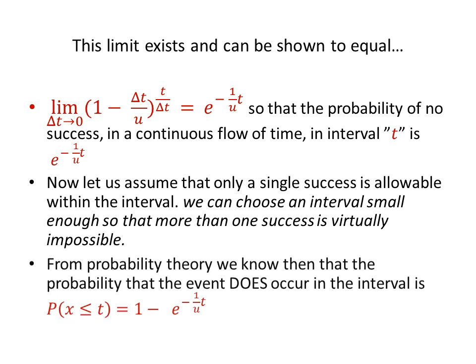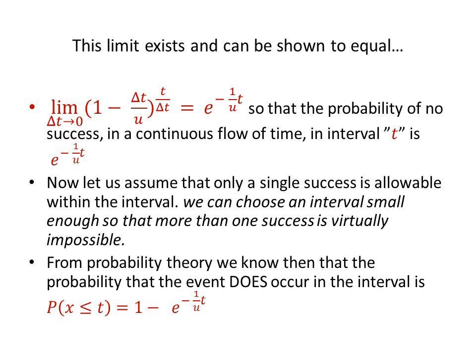Now, from probability theory, we know that to find the probability that something does not happen, we can subtract it from 1 to calculate the probability that it does happen. And in this case, the probability of not throwing a 6, or a probability of no success within the time interval, is given by this expression, and when we subtract it from 1, we get the opposite of that event.